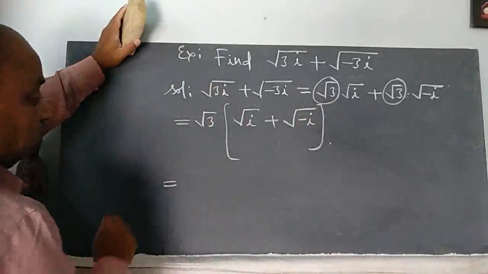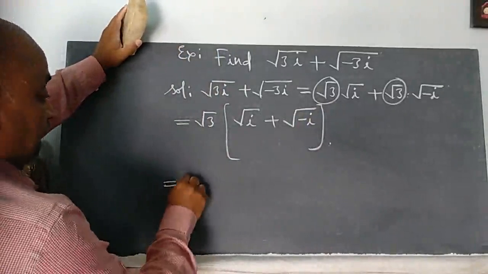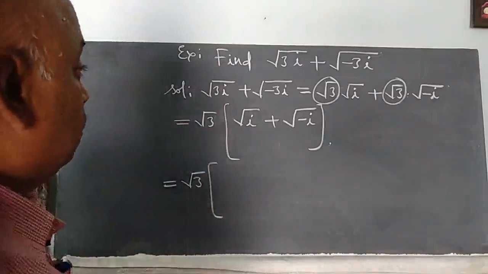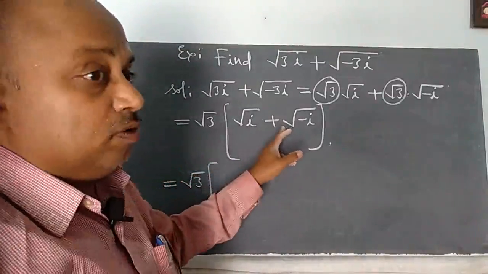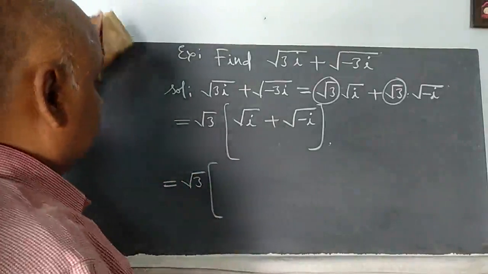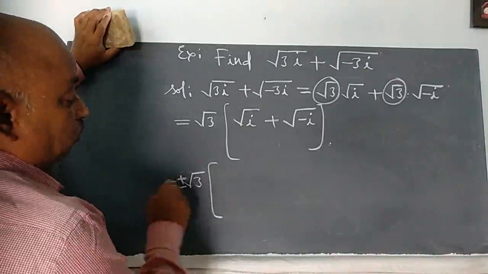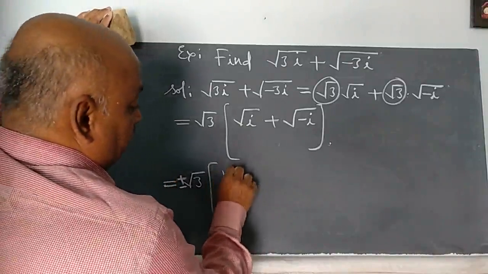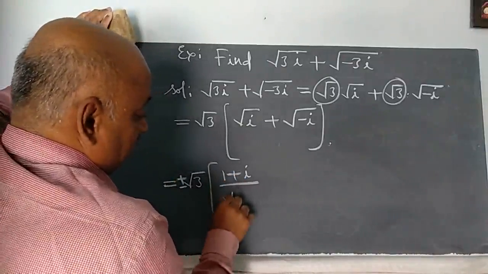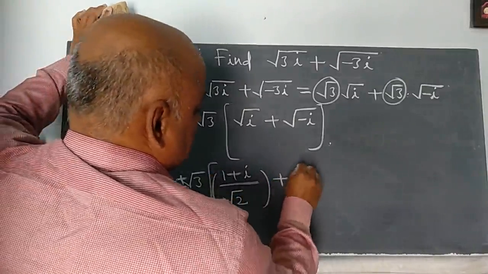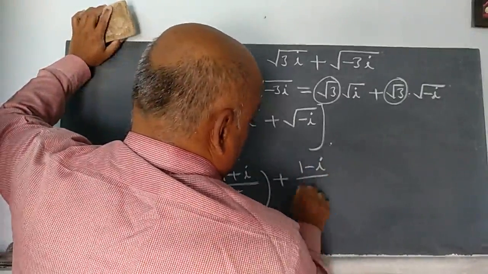Substitute the value of root i and root minus i. So, plus or minus root 3 into (1 plus i) by root 2 plus (1 minus i) by root 2.